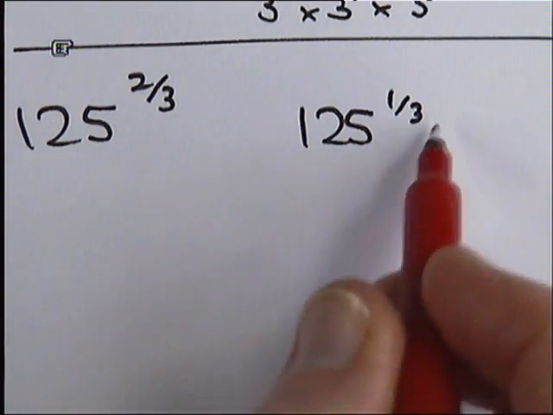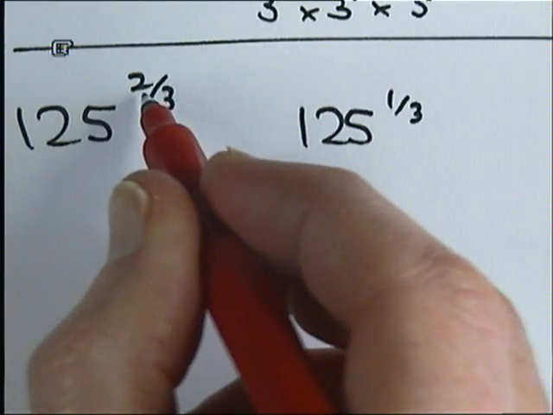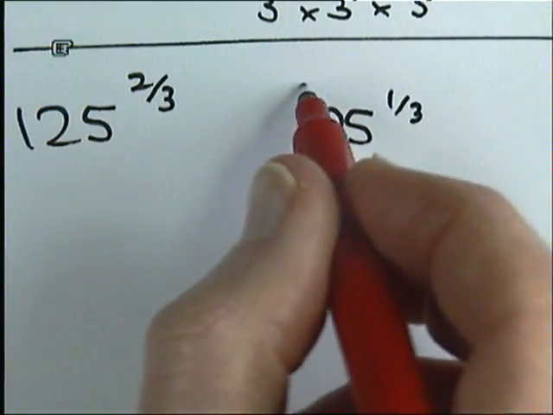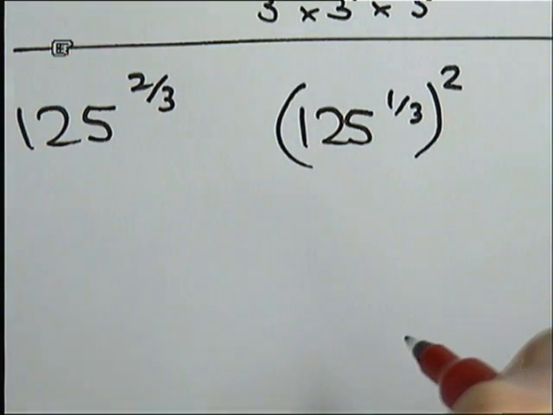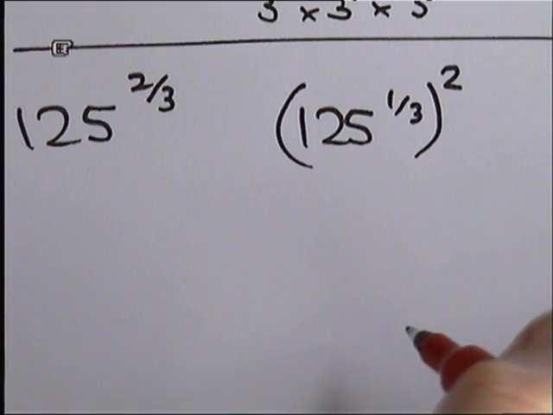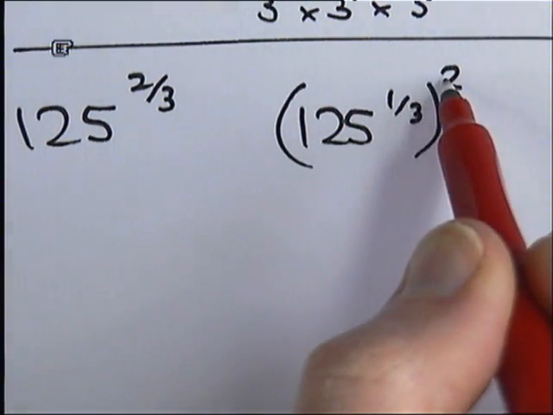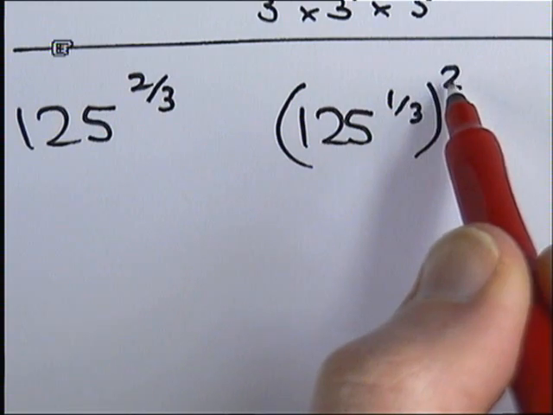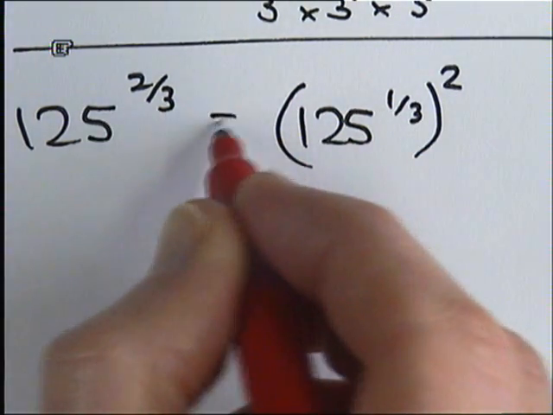We know that means the cube root of 125. But you've got to use that 2 somewhere. Put that in brackets with the top number of the fraction here. If you think back to the laws of indices, where you have a power to a power, you times those together. So 1/3 times 2 is 2/3. So those are the same thing.